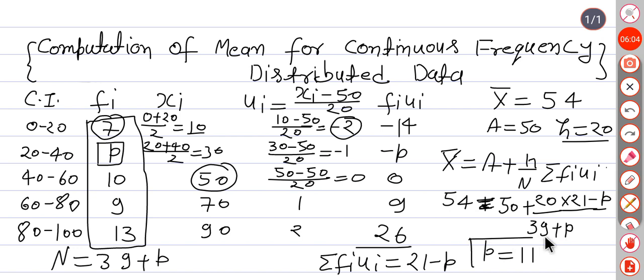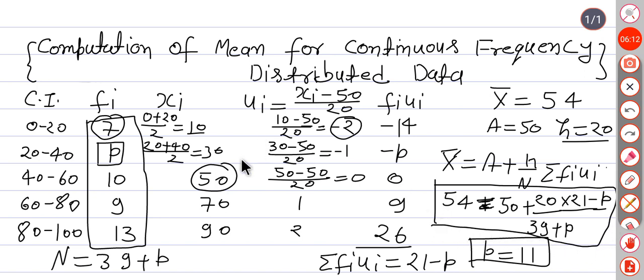It is your task to solve this equation. Once you solve it, put the value of P as 11 and find the mean. You will get 54. So this was a question in which the mean was already given.